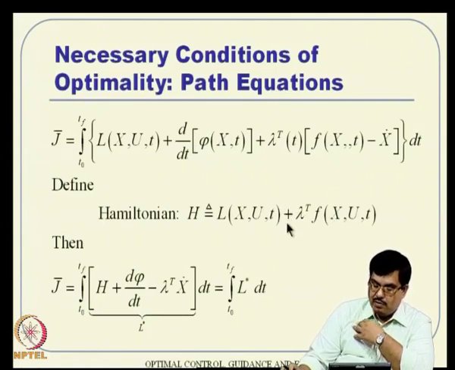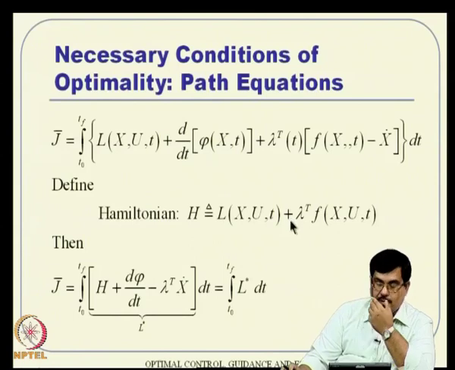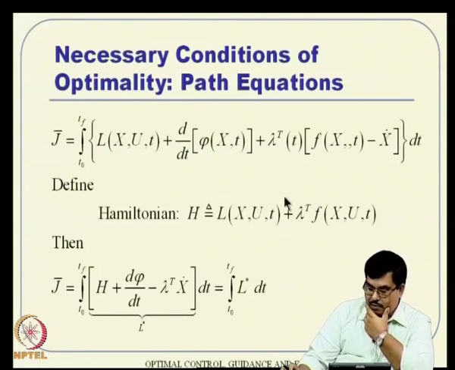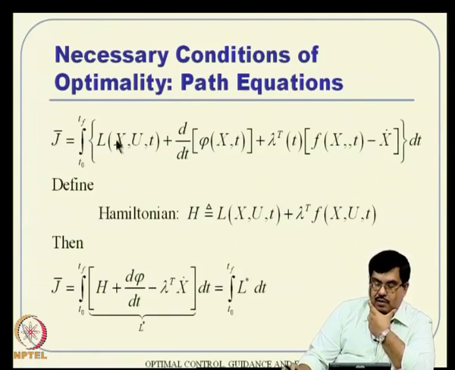We will see some of his other contributions in the constrained optimal control lectures later. But coming back, this Hamiltonian is defined as all the terms without derivative terms. Then I can simplify J bar as something like this, because L plus lambda transpose f is nothing but H.